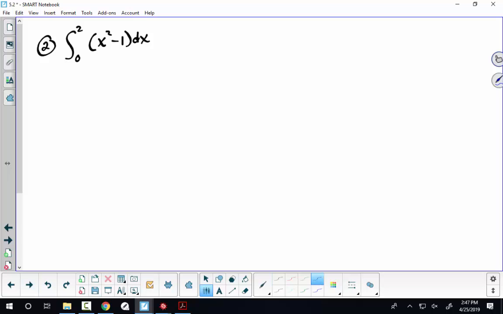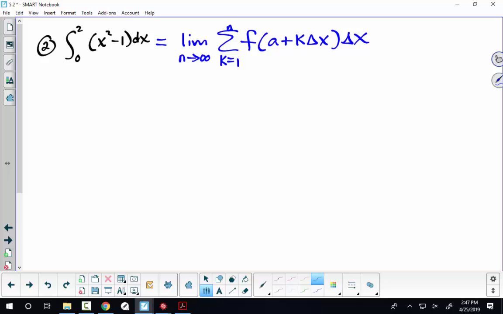So let me write the definition down so we know what components we need to fit into this definition. The sum from k equals 1 to n of f evaluated at a plus k delta x times delta x.